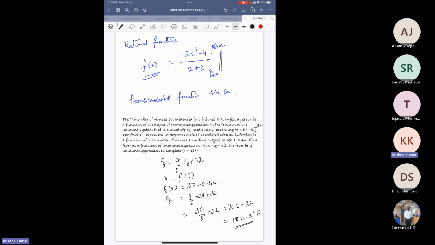Let us say that a person is infected with viruses, measured in trillions. V is the virus. The infected value is a function of the degree of immunosuppression that the person has.